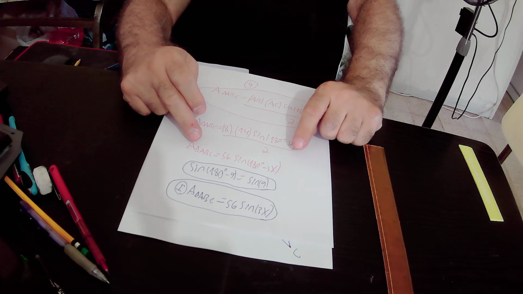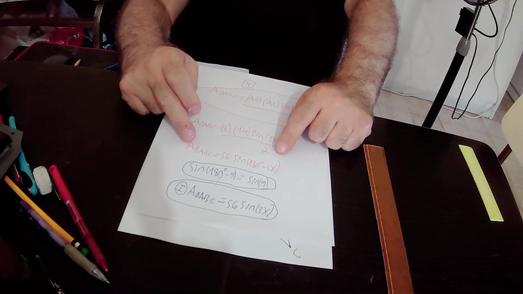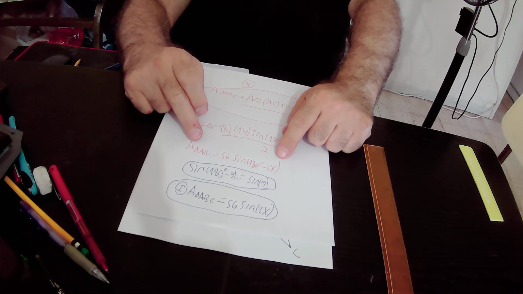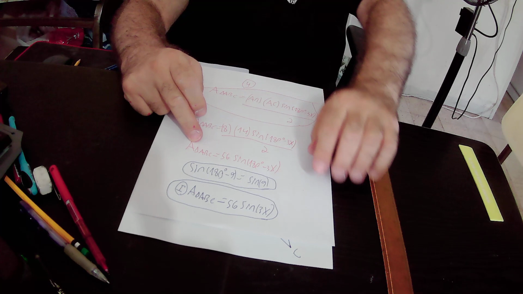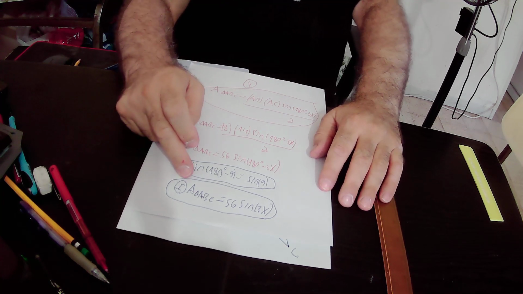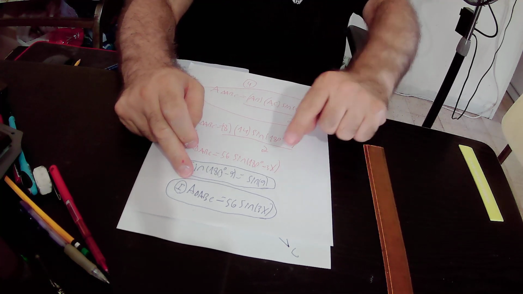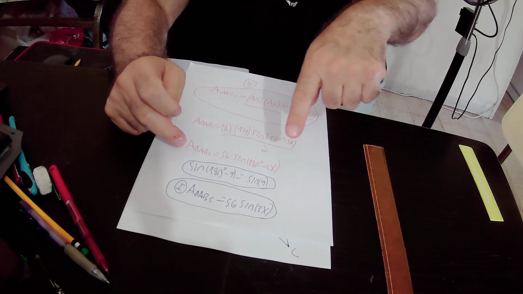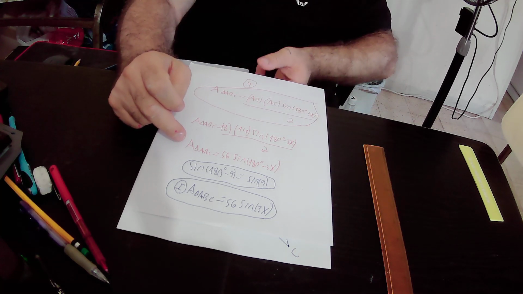So according to this equality, the value of sine (180 degrees minus 3x) is sine 3x. So in total we got that the area of triangle ABC equals 56 times sine 3x.